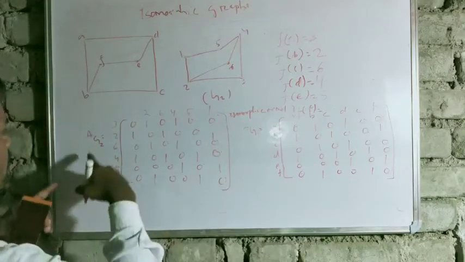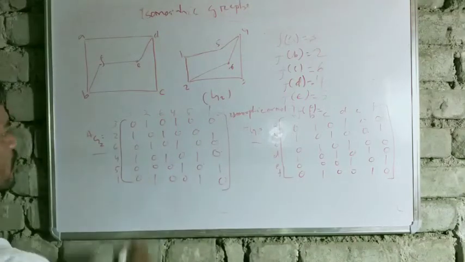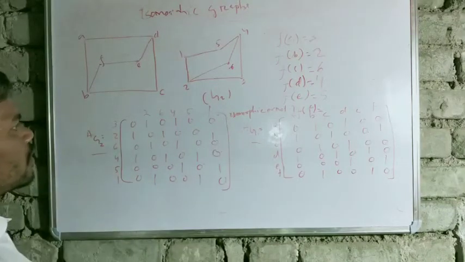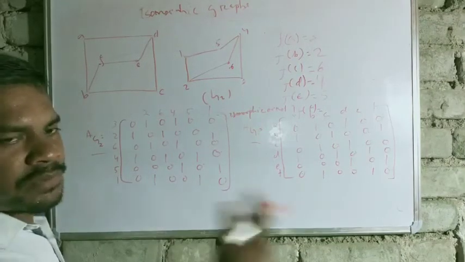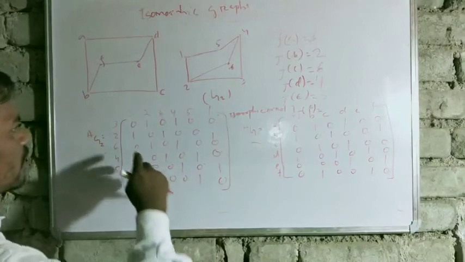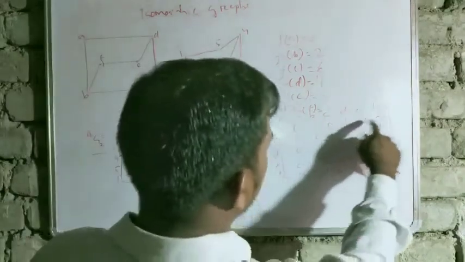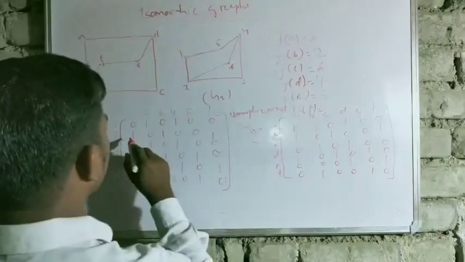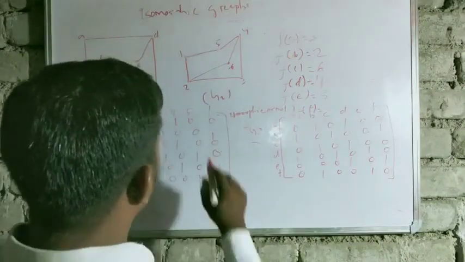Now to compare the adjacent matrix of G1 with the adjacent matrix of G2, and see whether both are the same or not, you have to check corresponding elements of these two matrices. The first row is 0 1 0 1 0 0. Second is 1 0 1 0 0 1.